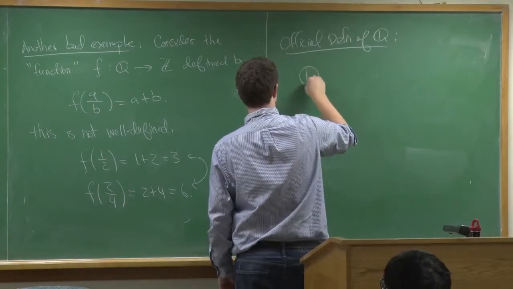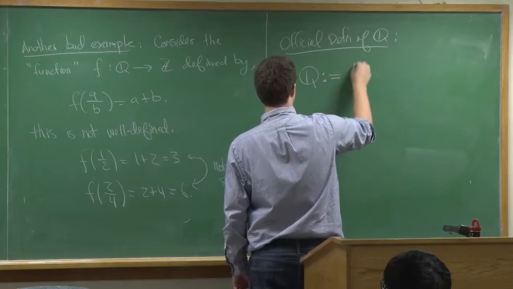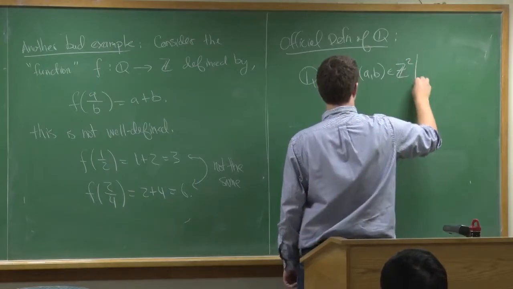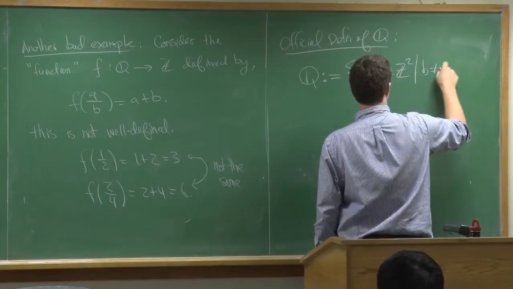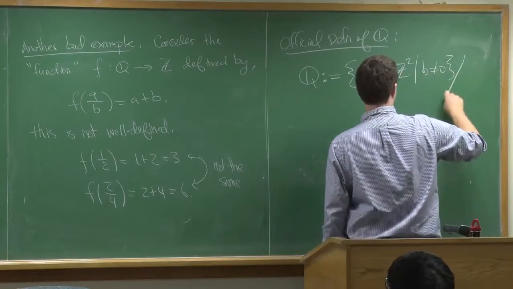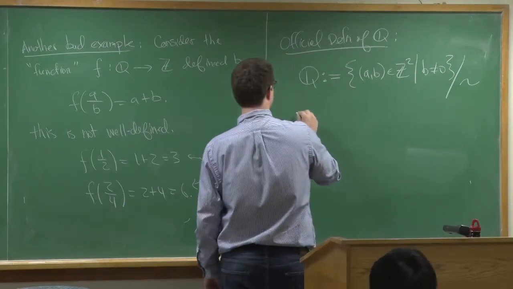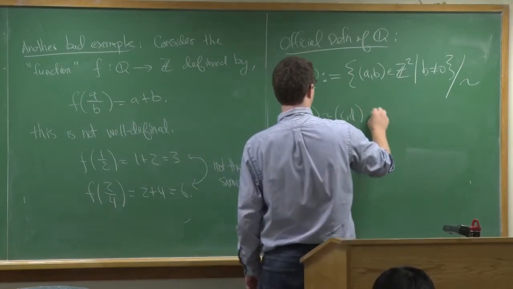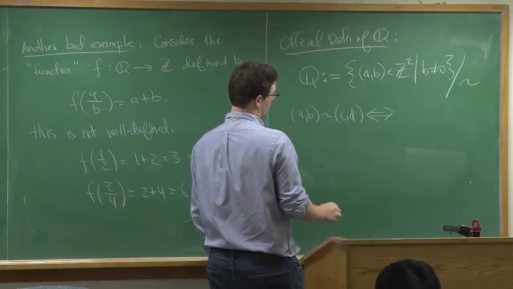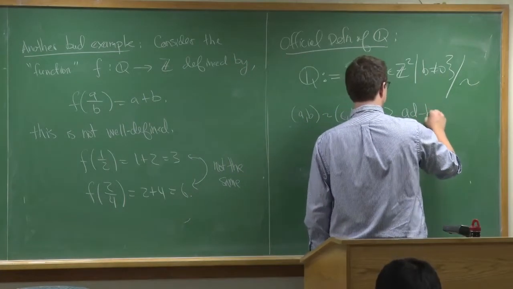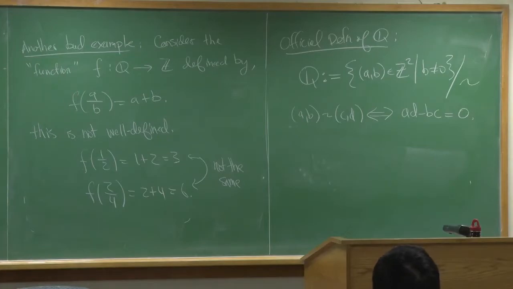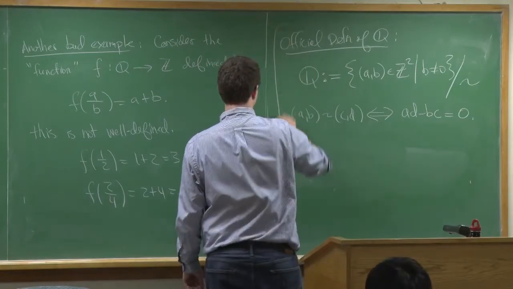So Q is defined to be the set of (a, b), an element of Z squared, where b is not equal to 0, modulo an equivalence relation, where we say that (a, b) is equivalent to (c, d) if and only if ad minus bc is equal to 0. Okay, so this is the official definition of the rational numbers.